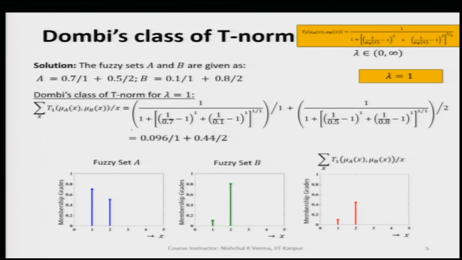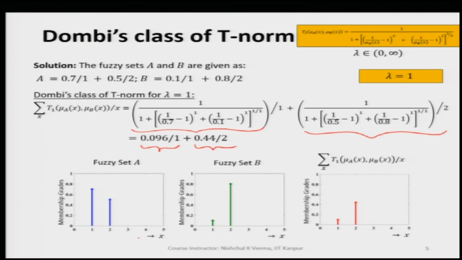We get two terms as a result of Dombi's class of T norm for lambda equal to 1, and when we simplify these two terms, we get the elements of the resultant fuzzy set, which is nothing but the intersection of fuzzy set A and fuzzy set B based on Dombi's class of T norm. This comes out to be 0.096 over 1 plus 0.44 over 2. So, we have two elements of the resultant fuzzy set.